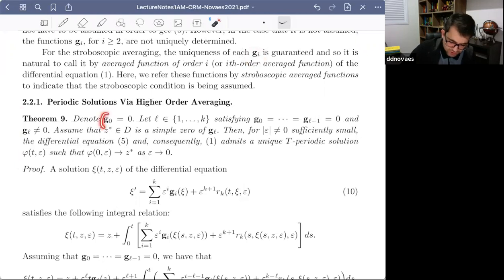So denote g0 by 0 just for the sake of simplicity, and let L be the index of the first non-vanishing averaged function. Okay, we have our difference equation in the standard form. We can compute the first order average function, and it could be identically 0.